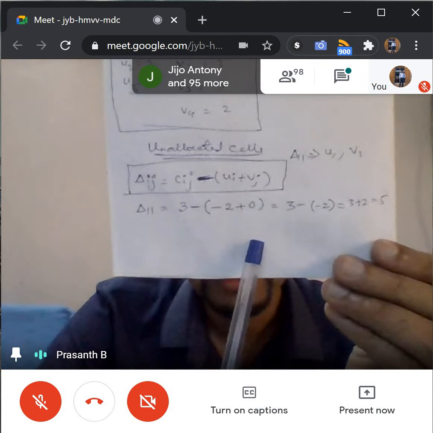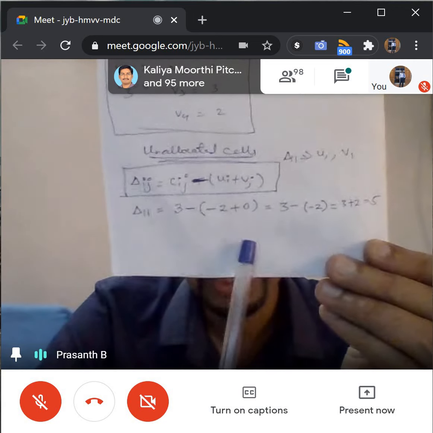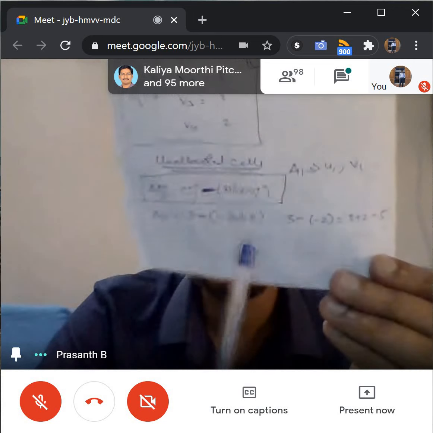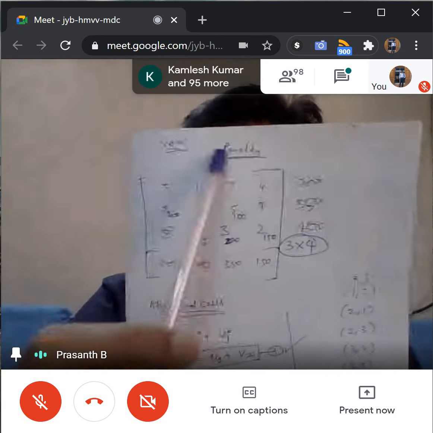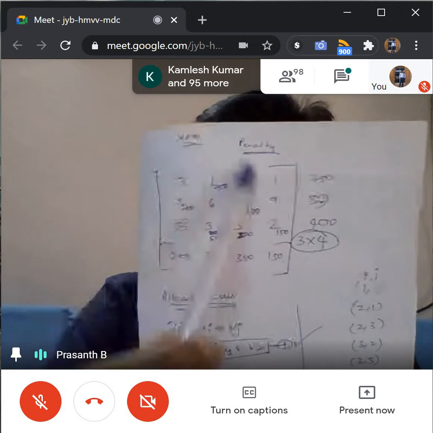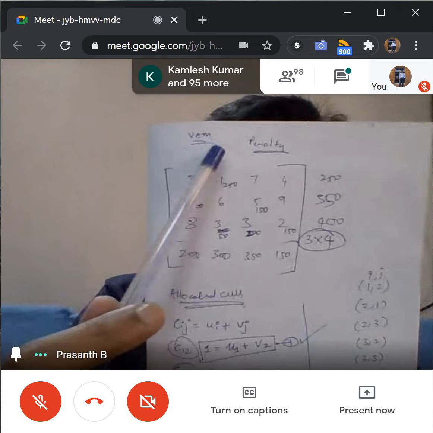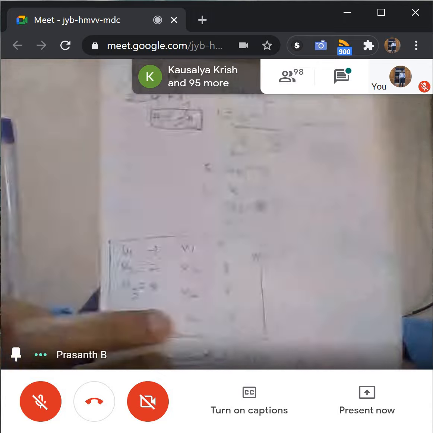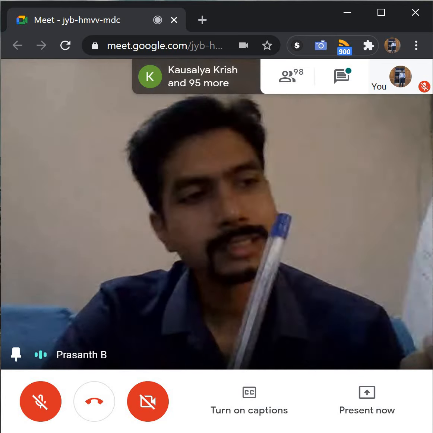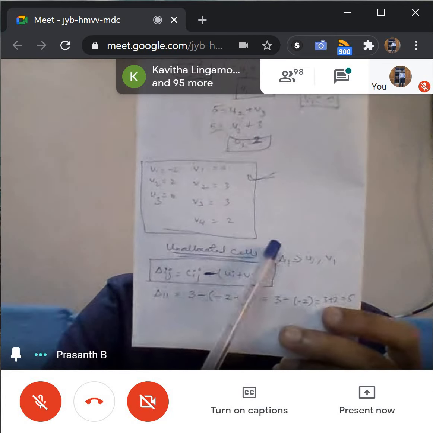Delta 11 is equal to C11. C11 is the payoff. What value is there in the first row, first column? Yes sir, 3 minus open the brackets u1 plus v1.